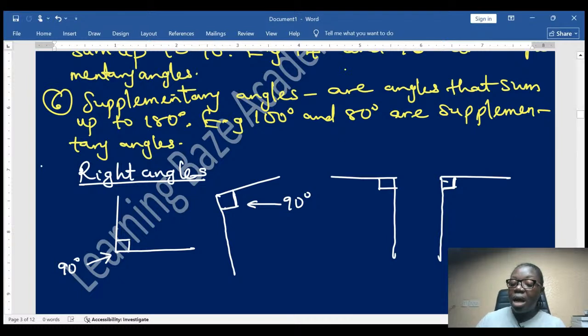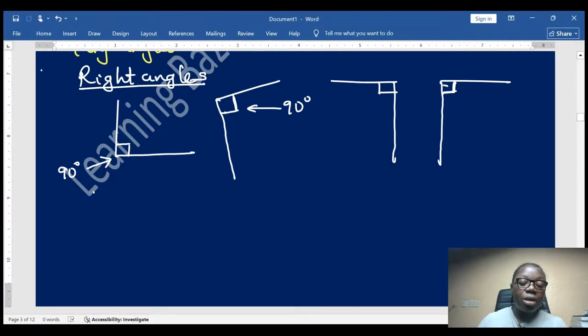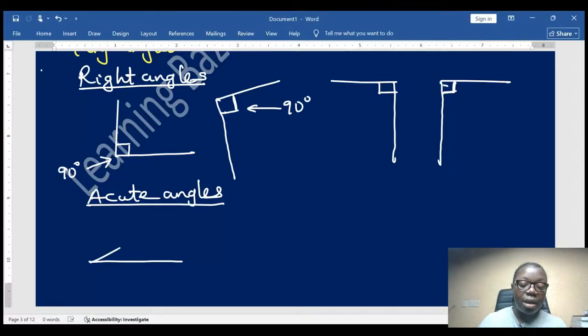Now, these are all called right angles. Let me show you the diagram for acute angle. These are acute angles. Whenever you see an angle like this, you can see that this angle is 57 degrees. It is less than 90 degrees because 90 degrees should come this way.